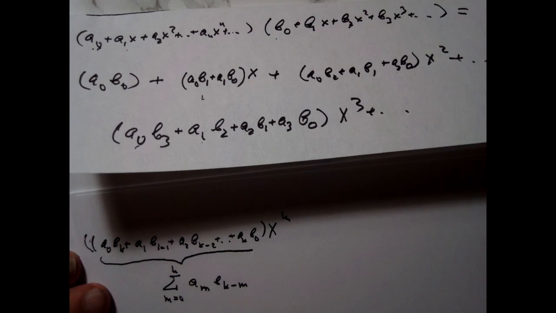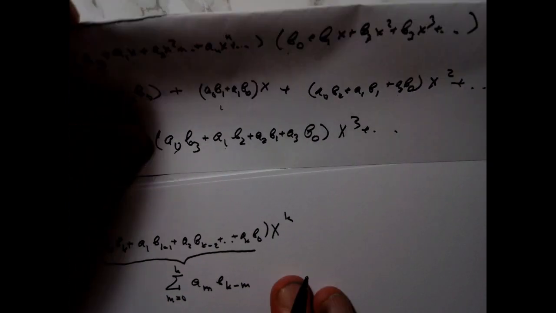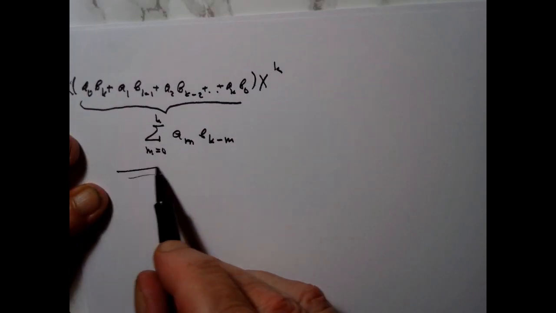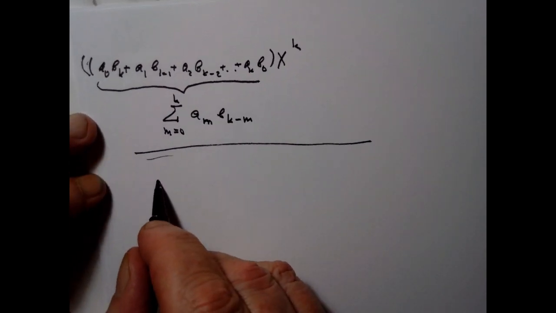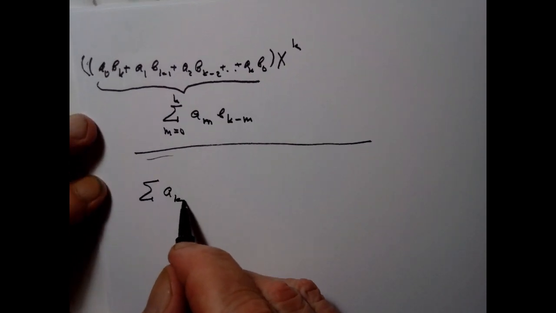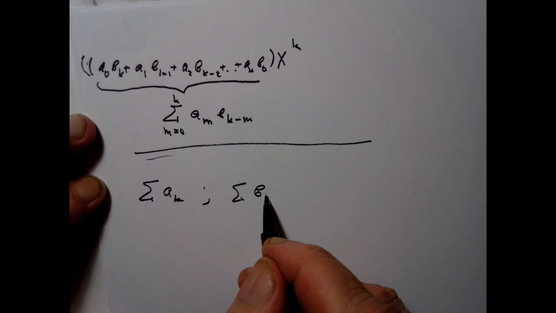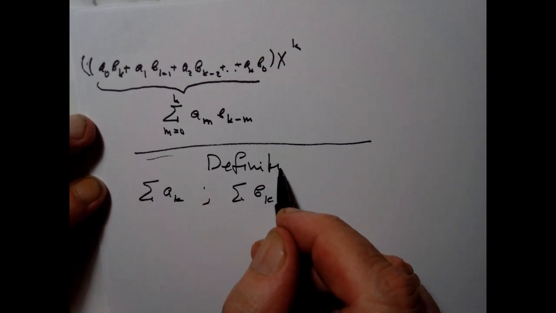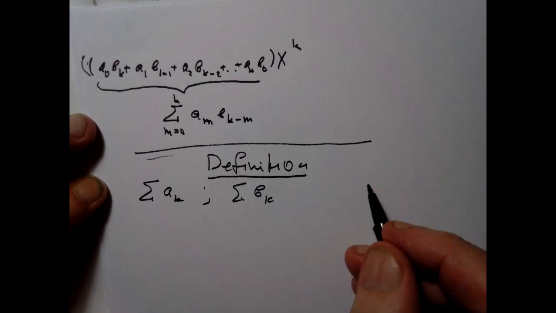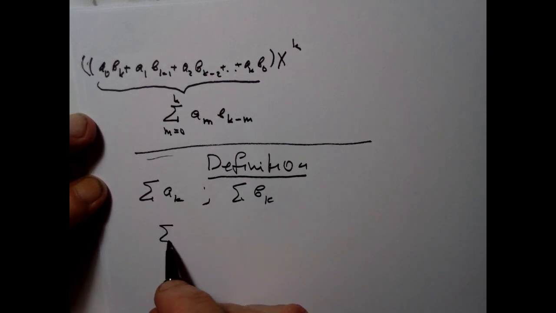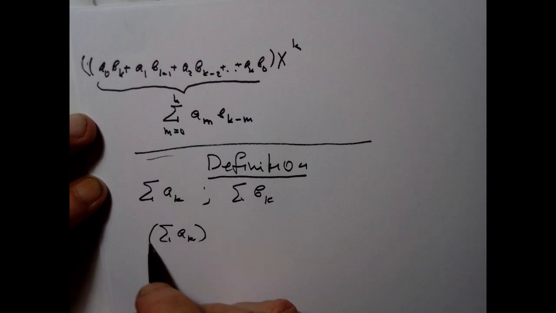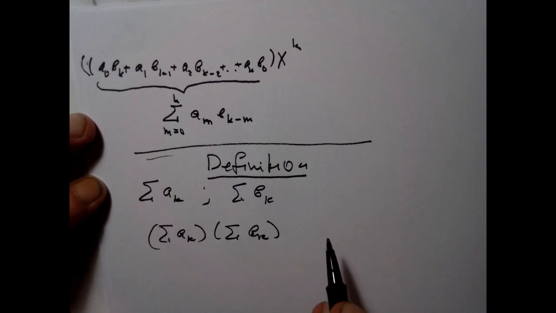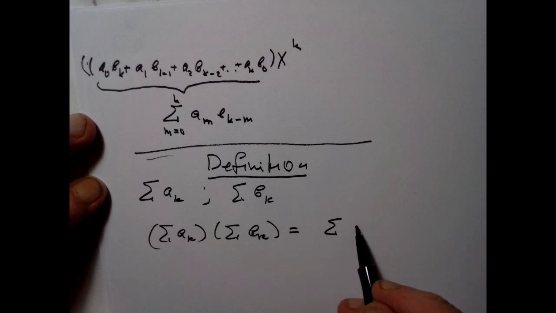Okay, so now I'm ready to give a definition of the product of the series, and here's the definition. So if I have the series ak and I have the series bk, I'm going to define the product of the series ak times bk to be equal to the series ck.